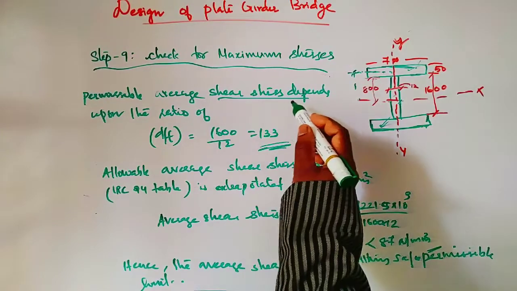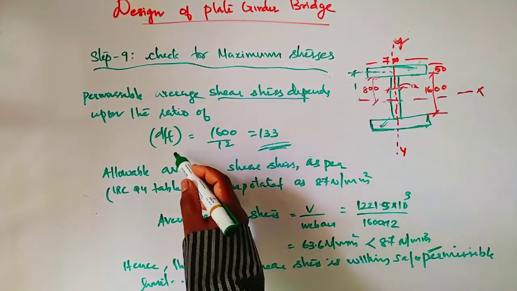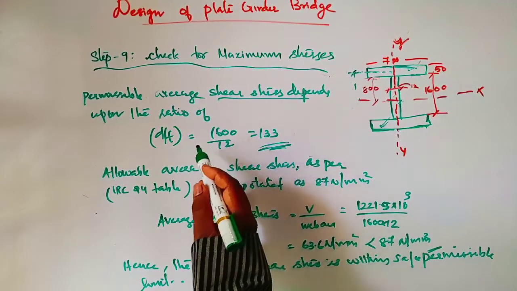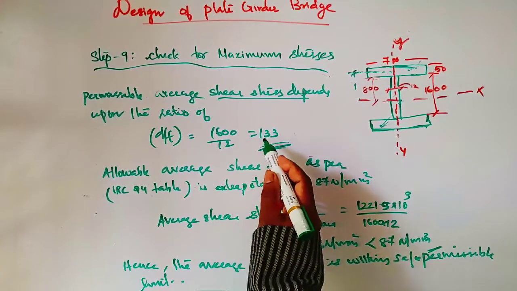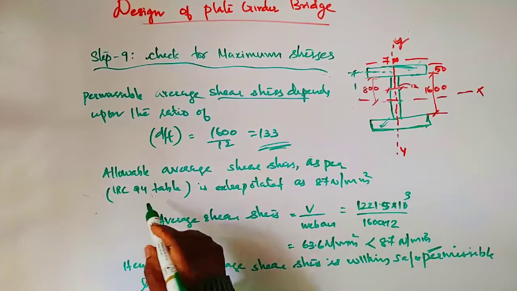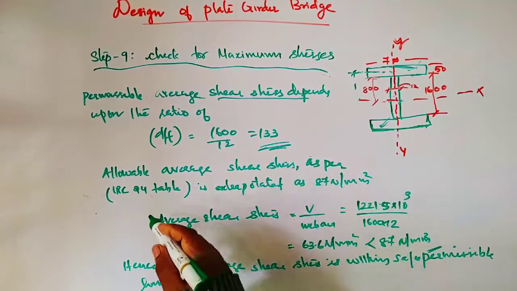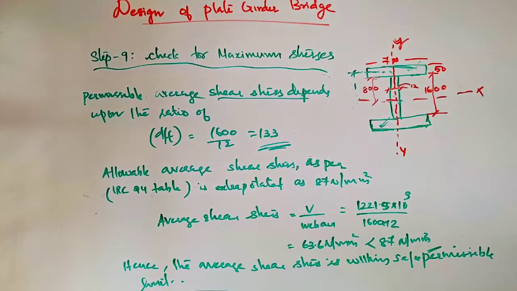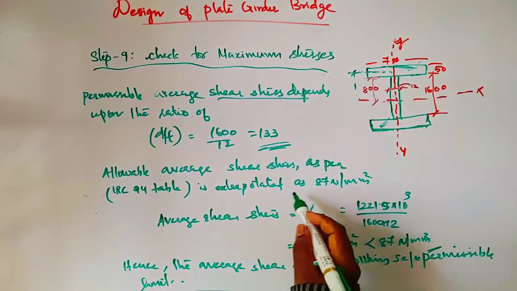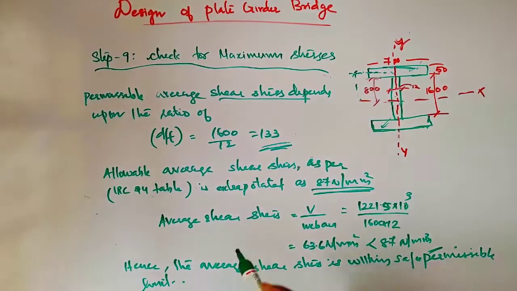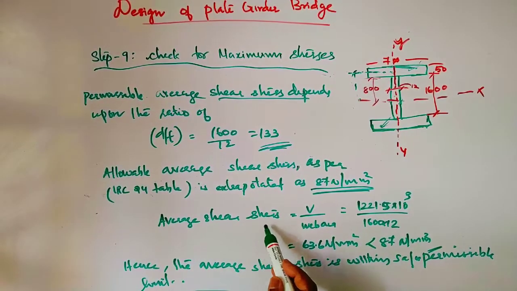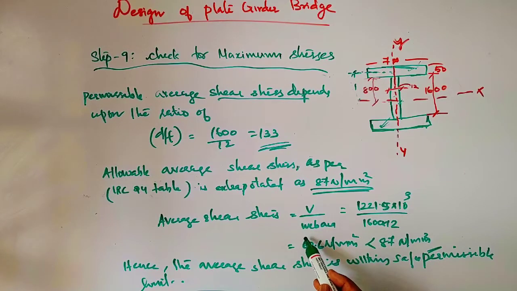The permissible average shear stress depends upon the ratio d by t. For the shear stress calculation, d by t equals 1600 divided by 12, which is 133. Then the allowable average shear stress as per IRC, extrapolated, is 87 Newton per mm square. Average shear stress equals shear force divided by web area.